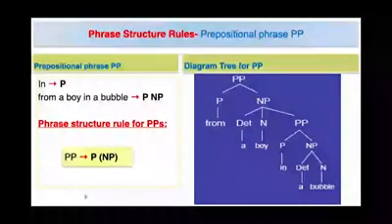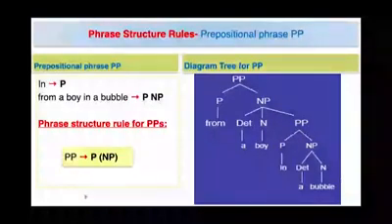Let's see the example here. A prepositional phrase consists of a preposition, which is from, and an NP, which is a boy. Okay, a is a determiner and boy is a noun.